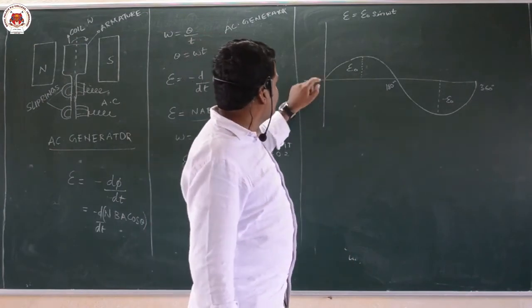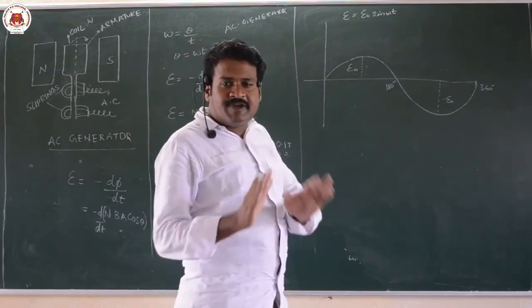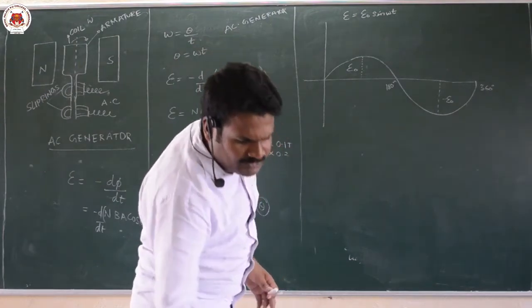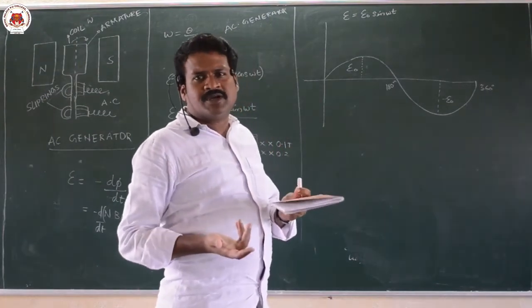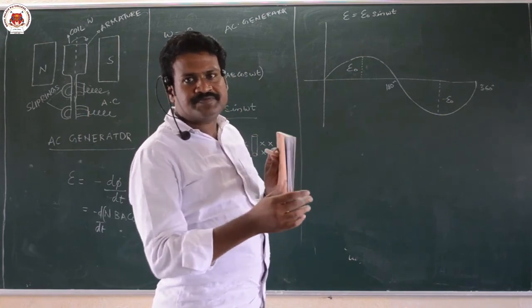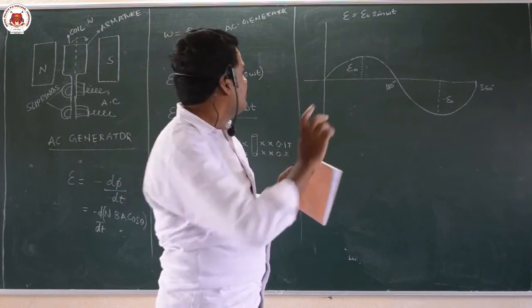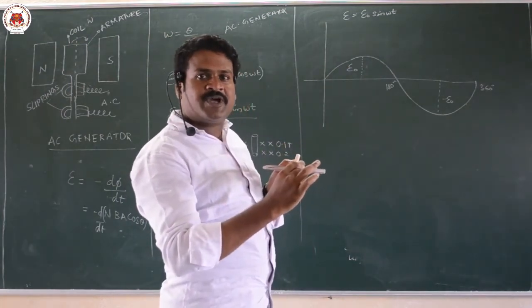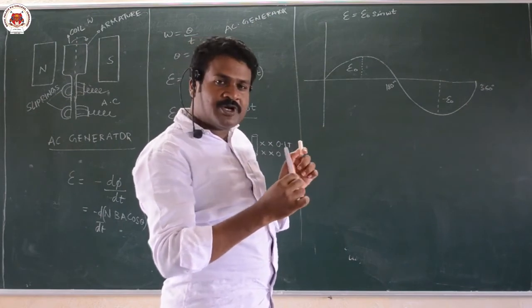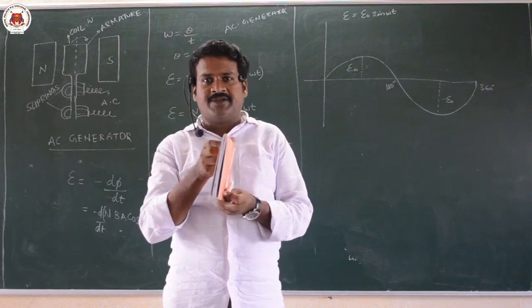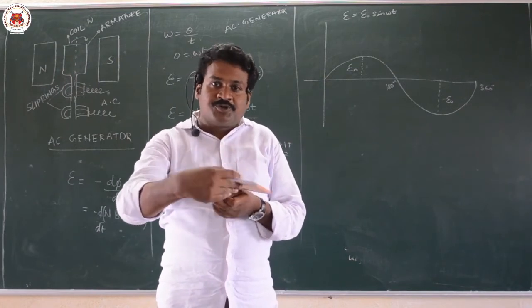That means from 0 to 180, they have given the diagram of the coil also. That diagram is very simple. When time t is equal to 0, omega t is 0, the coil is in the same position. Afterwards it rotated 90 degrees, EMF is maximum. Then it came to 180, EMF again 0. Again it rotated to 270 degrees. See the degree of rotation: 0, 90, 180, 270.